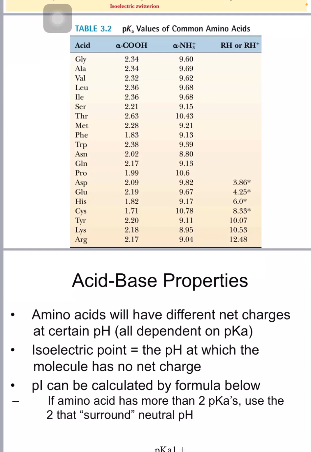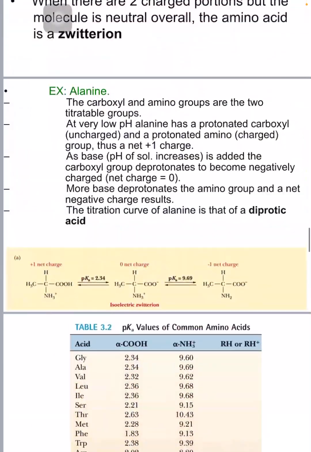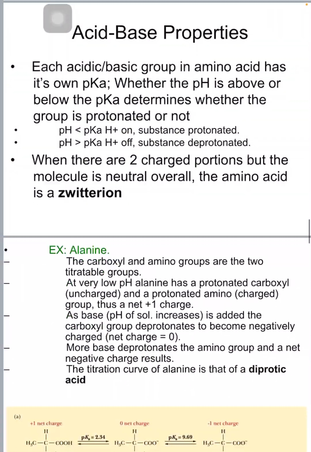However, if it was above that, like 5 or something like that, most of those carboxy groups would exist as COO minuses. Conversely, if the pH is higher than the pKa, like I said, it exists more in the deprotonated form.